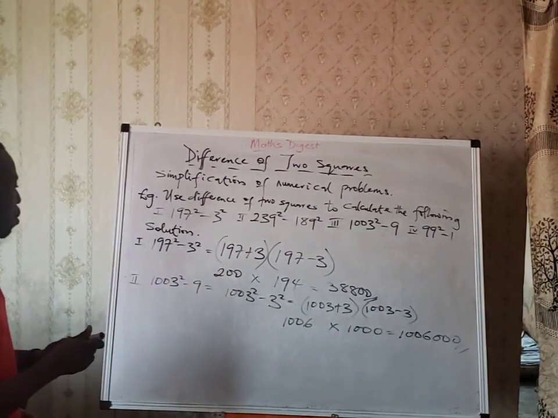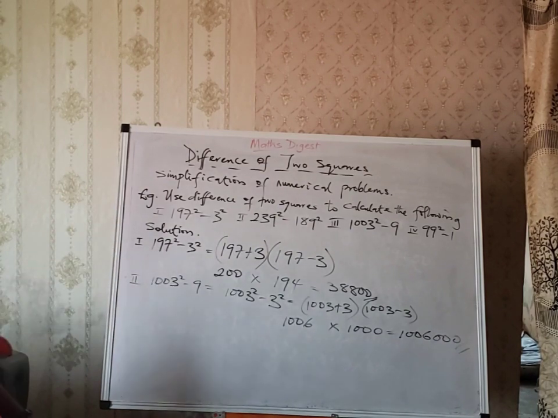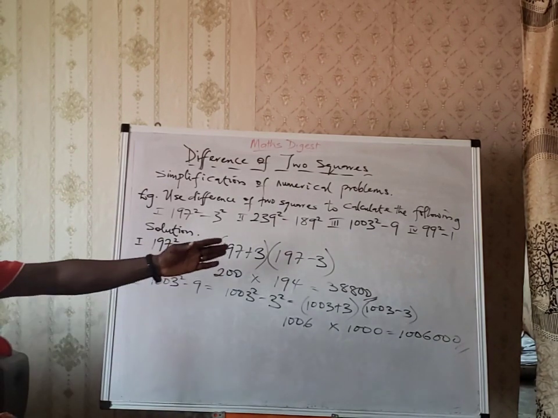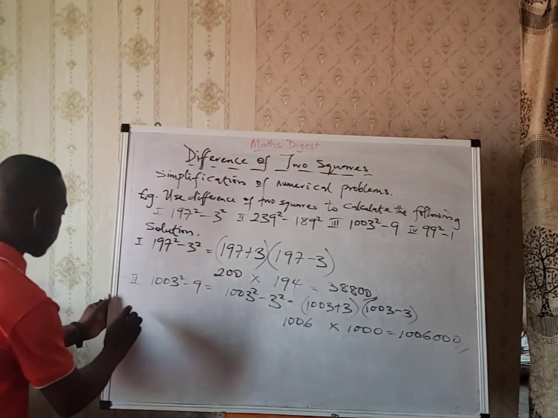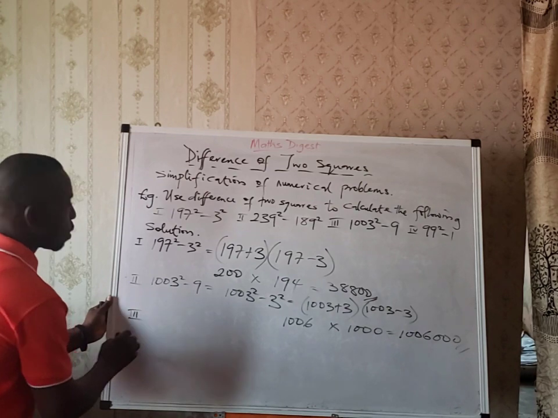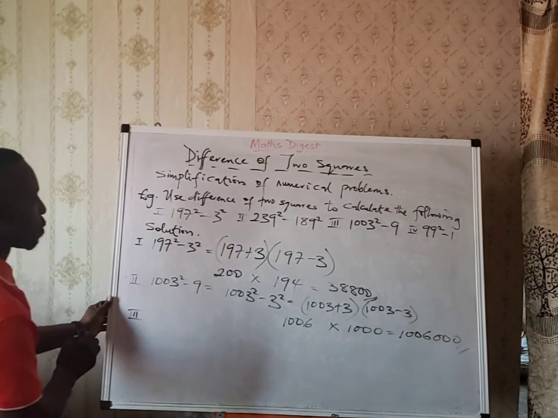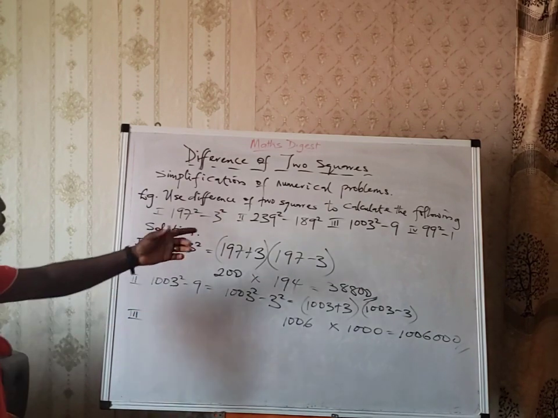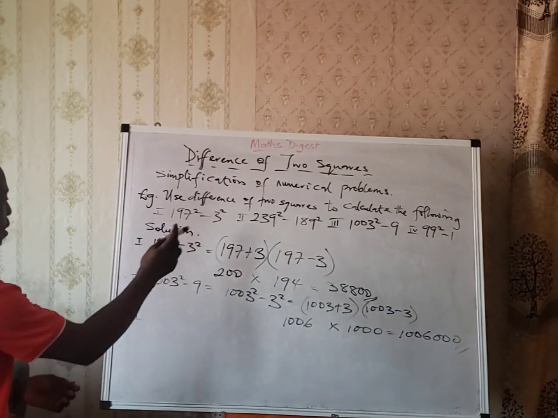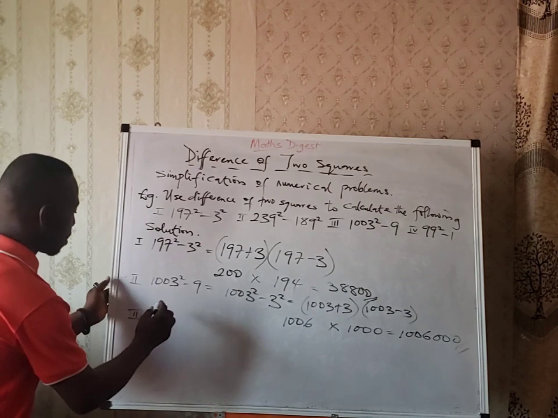If you go ahead to solve it the way we did for difference of two squares, you're going to get those answers. I jumped the second one rather, so let's take the second one now.